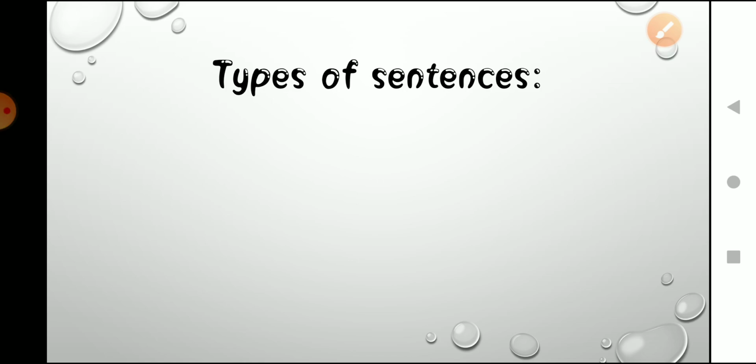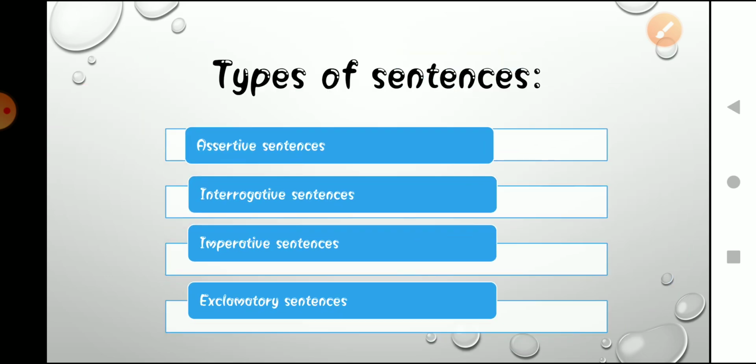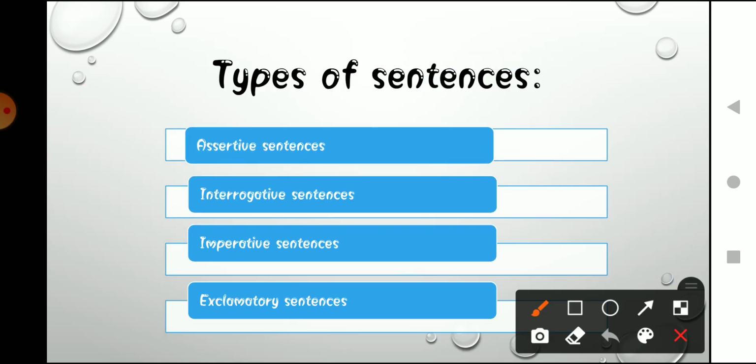Okay, after this we are moving on, we will now study the types of sentences. There are basically four types of sentences that we are going to study. The first one is assertive sentences, or we can also call them declarative sentences.